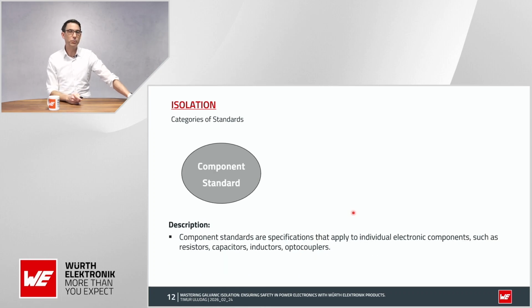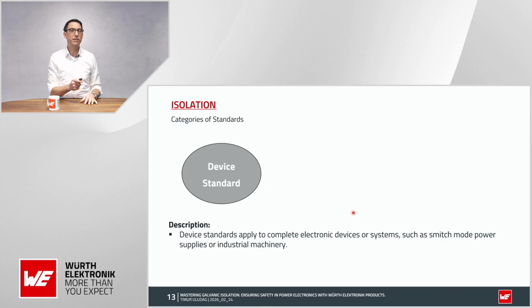Second, the component standards. The component standards are specific to each electronic component, such as we have got resistors, capacitors, inductors, transformers, digital isolators. They have all specific component standards. The third one are device standards.